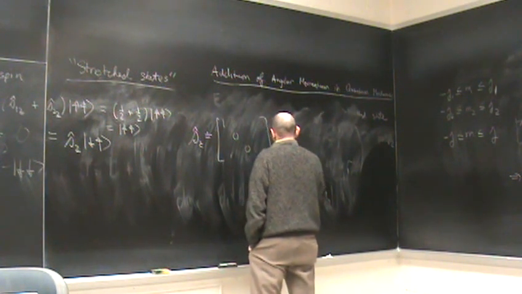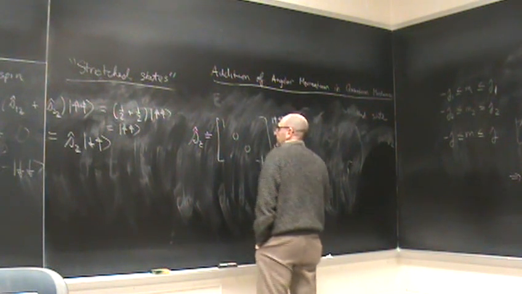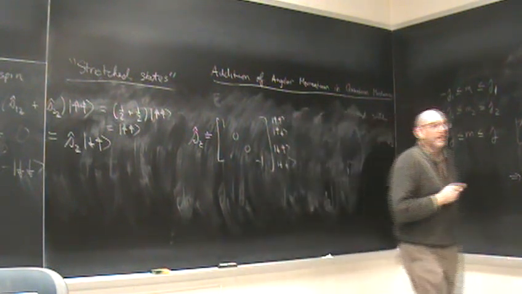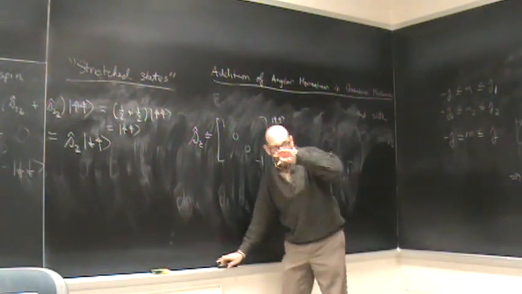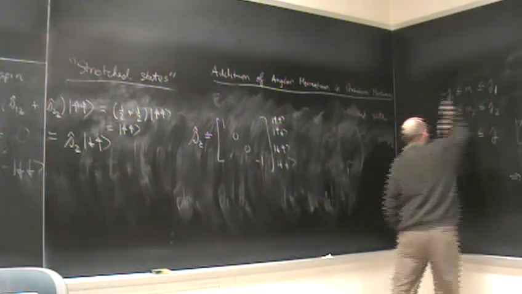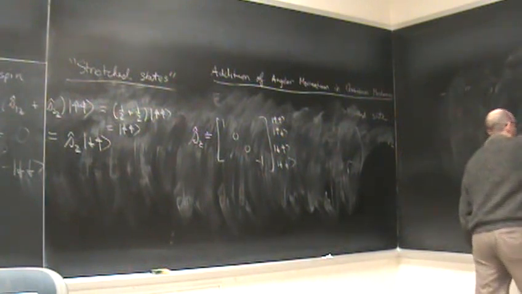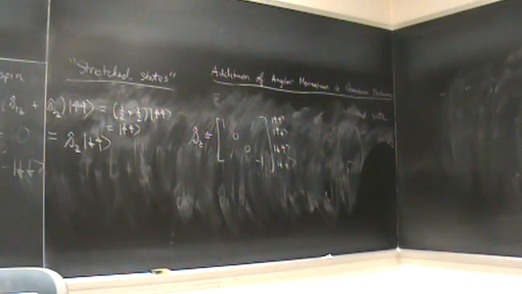That is the uncoupled representation, and zeros everywhere else. Okay? But what about S squared? Well, that's the tricky part. How are we going to do that?